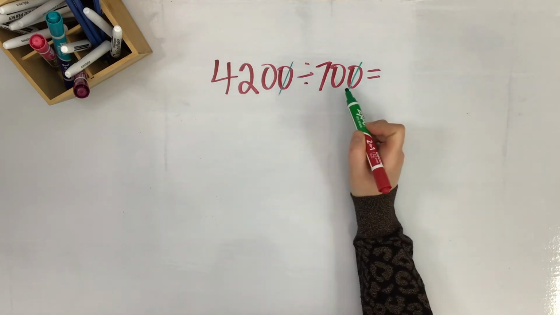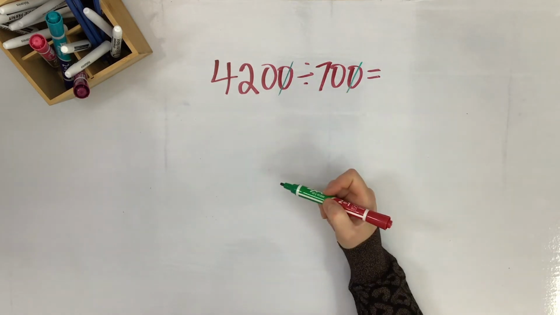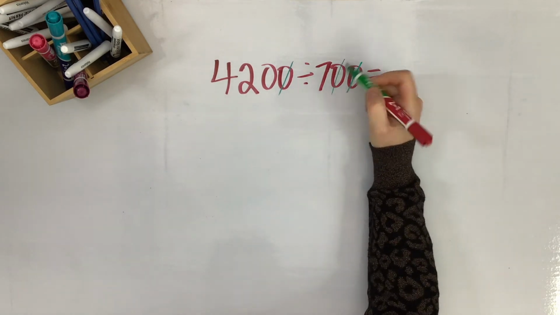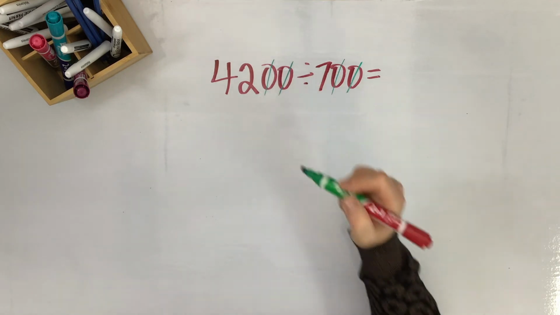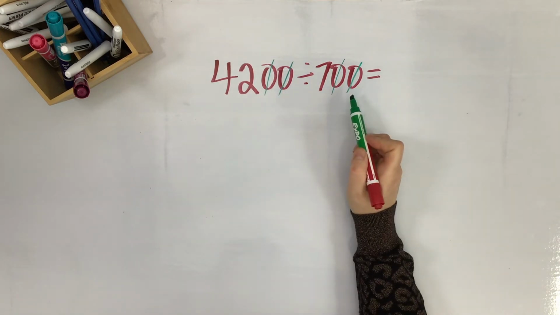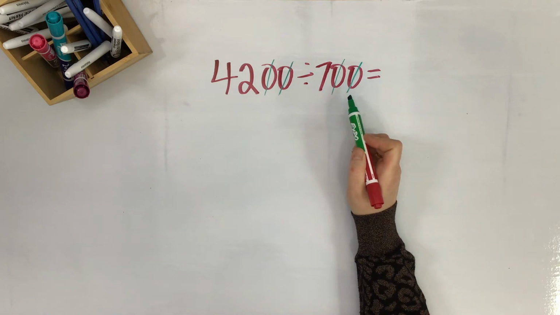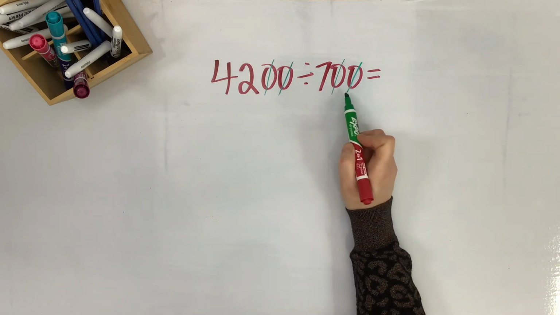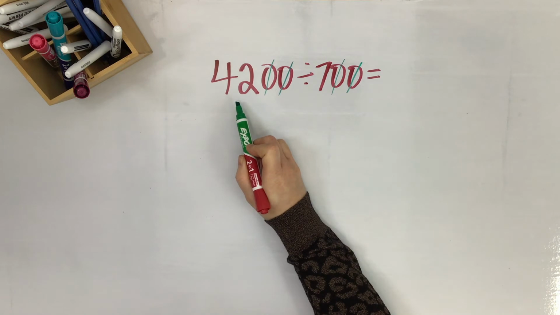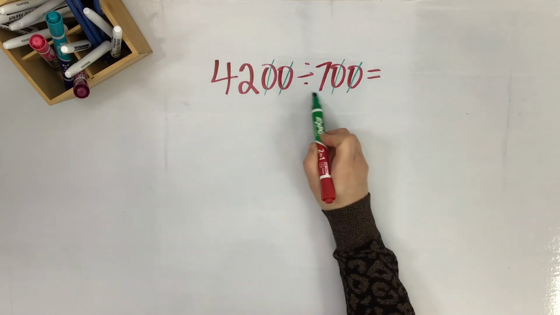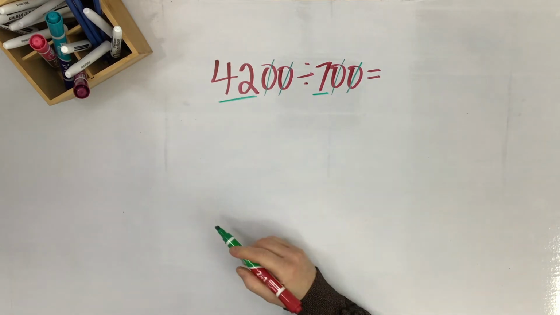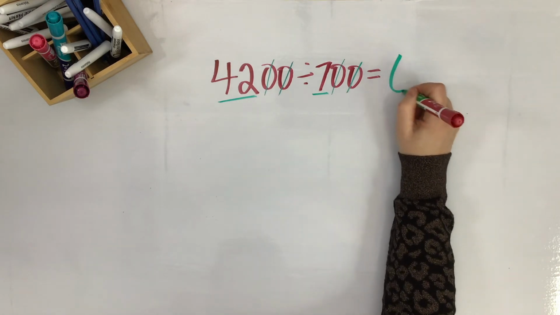So I'm going to decrease each side by 10, which eliminates a 0 on each side. And I'm going to decrease by another 10. So in total, I've decreased both sides of this question by a factor of 100, but it's not going to change the original answer because I know that 700 goes into 4,200 the same number of times that 7 goes into 42. So my answer for this is simply 6.